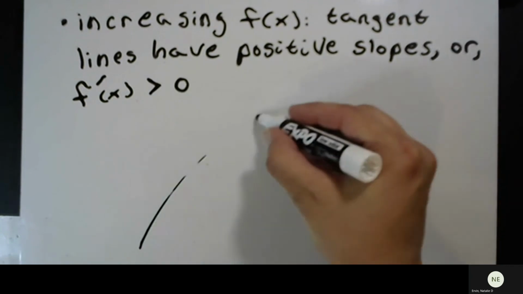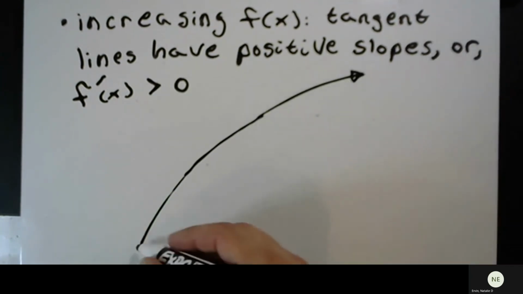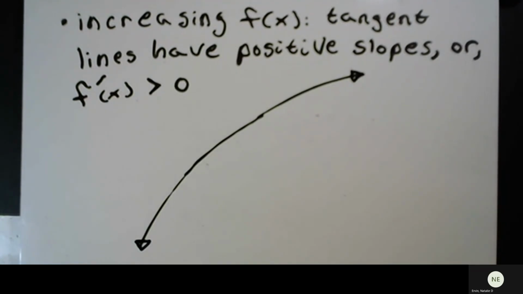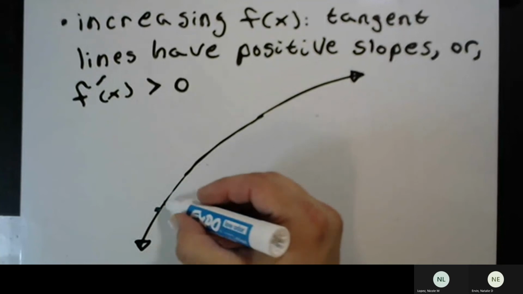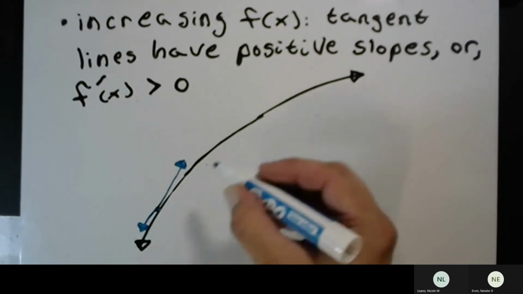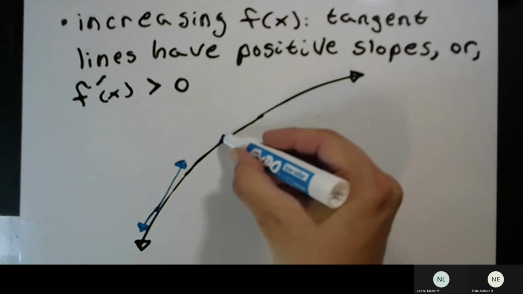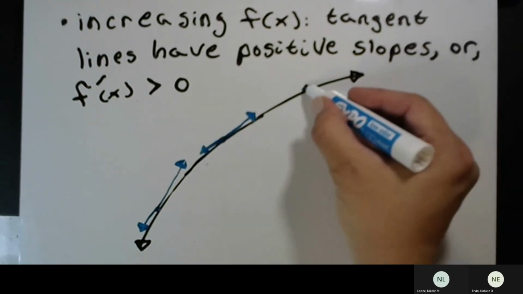So let's say we have an arc like this, the function doing this. Then if we look at the tangent lines, they're all going to be lines with positive slopes.